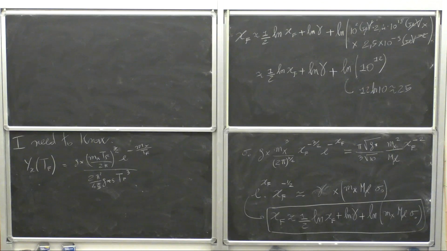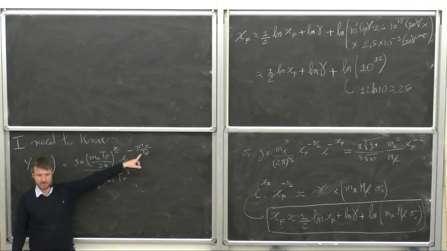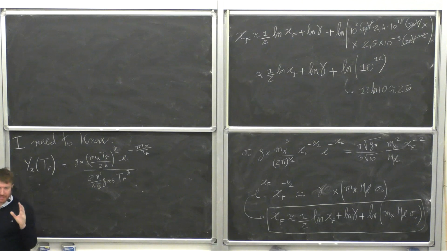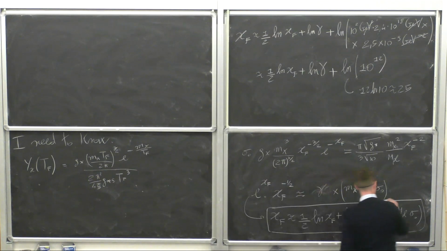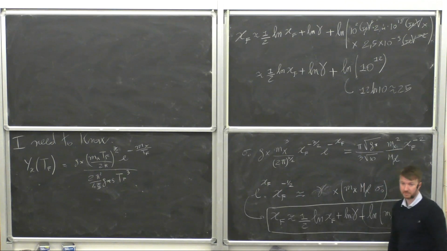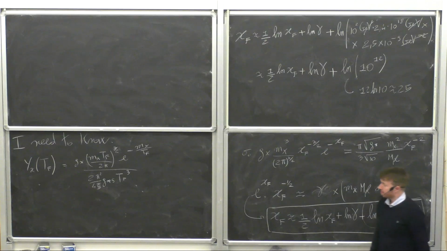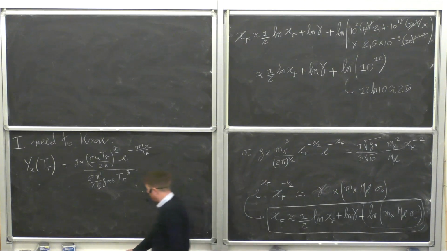You could try to put 25 here, of course, but I want to keep as much as possible the explicit dependence on the mass and on the cross-section. So I want to use this expression for the xF. So what is a more convenient way of doing things?